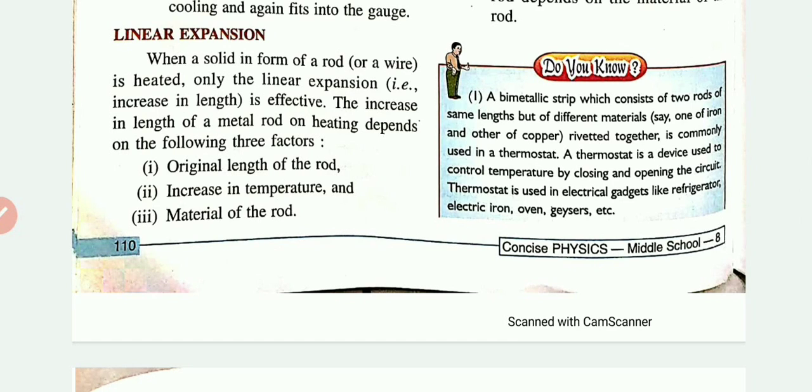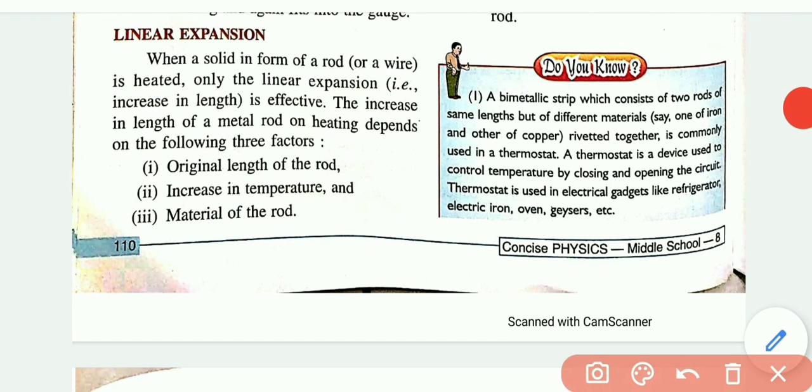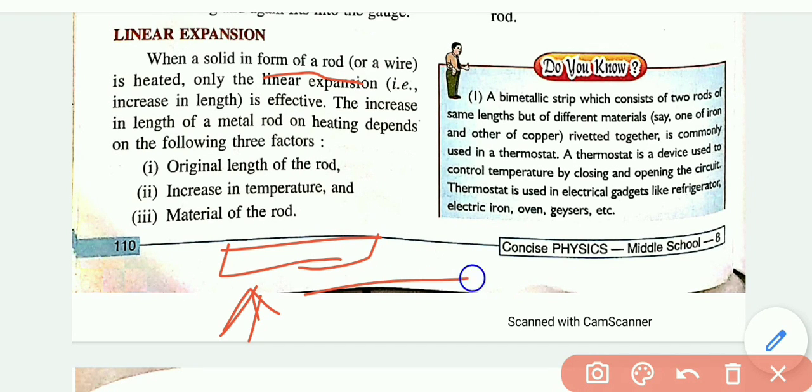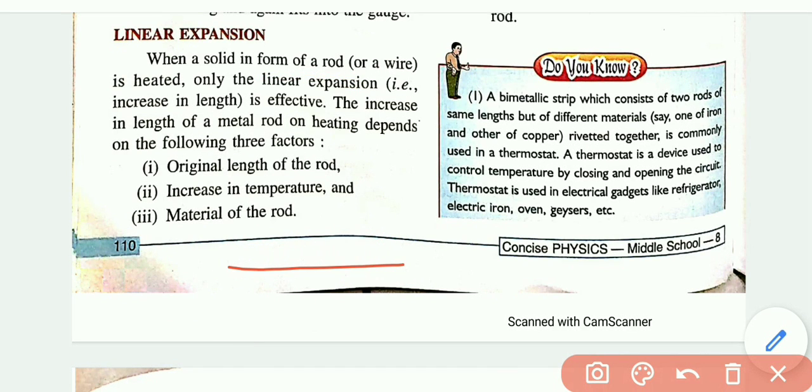What is written here is a recapitulation. When a solid in the form of a rod is heated, the rod expands a little, and the length of the rod increases.